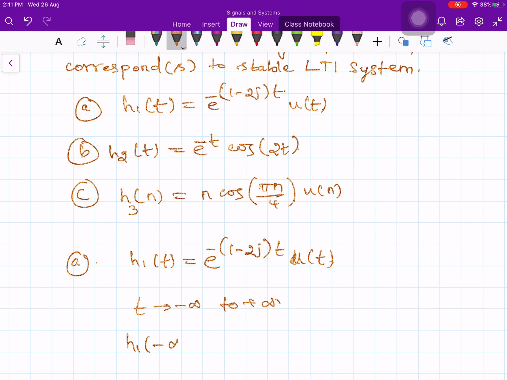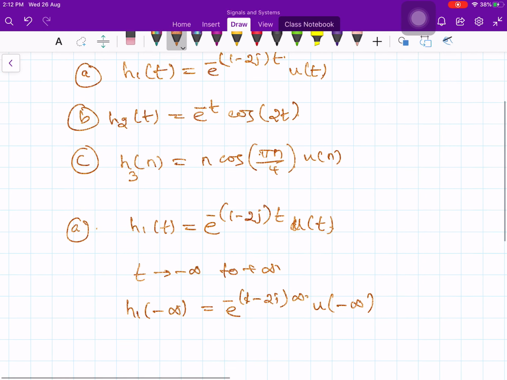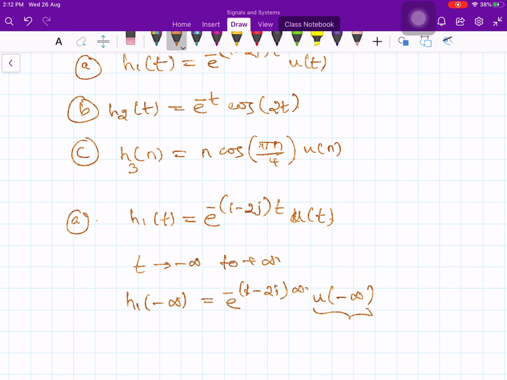You rewrite this function as e to the minus of (1 minus 2j) times infinity, and u of minus infinity. By the way, what is u of minus infinity? 0. So 0 into anything is 0. It gives a finite value.